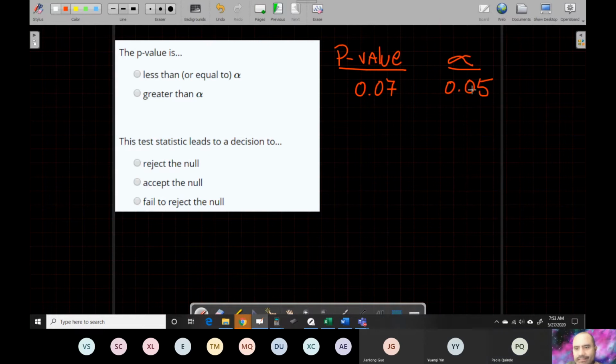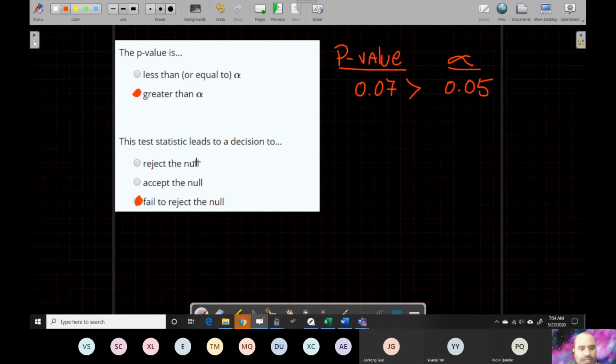Is this less than this number? No. It's greater than that number. This is greater. So that's my answer right there. Greater than. Okay, now because this is the situation that we have, then we can answer the next question. The test statistic leads to a decision. In other words, all the work that we did with the test statistic leads us to decide. Can you help me which of these three we are going to do? Fail to reject. Fail to reject.